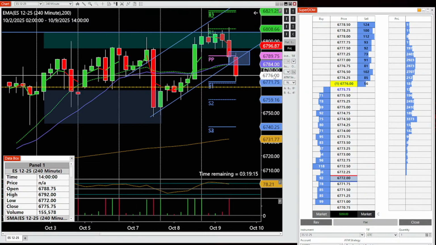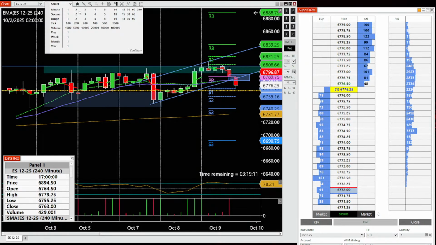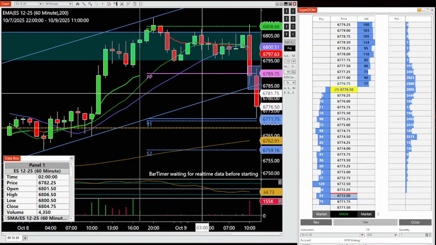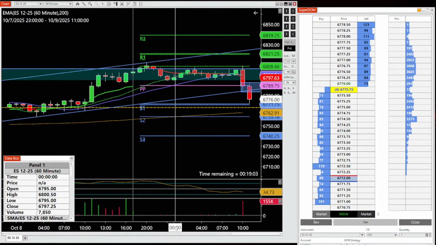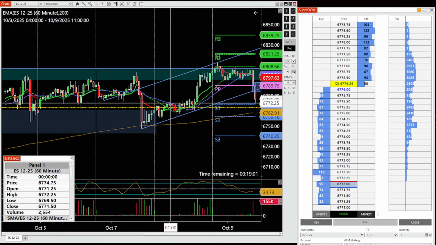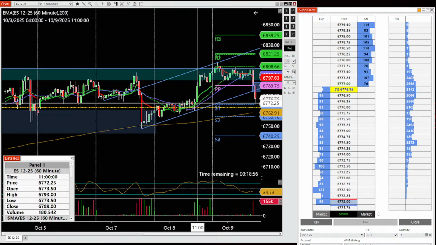Where we go from here. 60 looking right. Back into this area here from the pop. Retest the breakout.